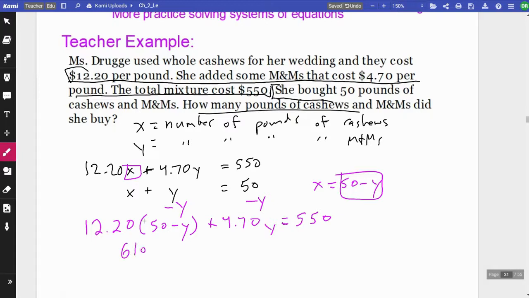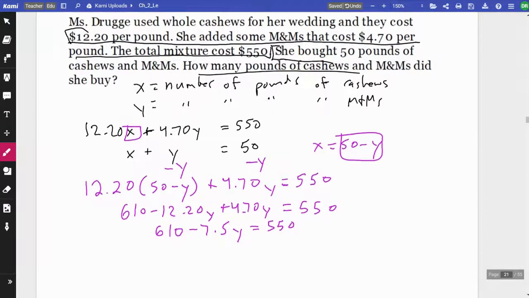And we get 610 minus 12.20Y plus 4.70Y is 550. And now you had to distribute, we'll add like terms, and then you have a 2-step equation. So adding like terms, we get 610 minus 7.5Y equals 550.